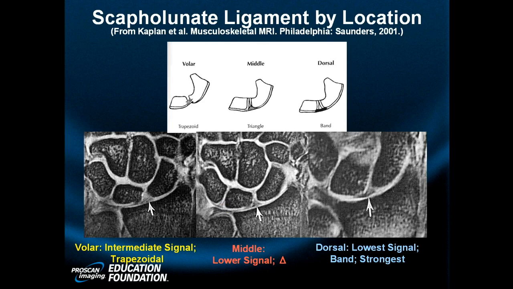I rely heavily on the secondary signs. And only 1 in 5 cases do I ever need an arthrogram to see an LT ligament tear. I never need it for the SL ligament. Now, the strongest and most stabilizing of the SL ligaments is the dorsal band.